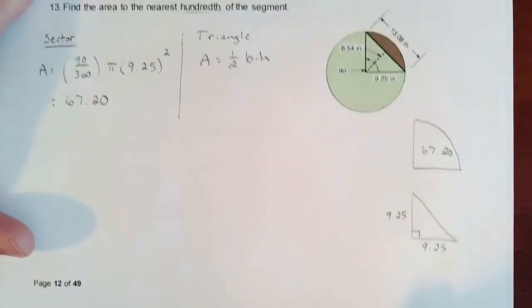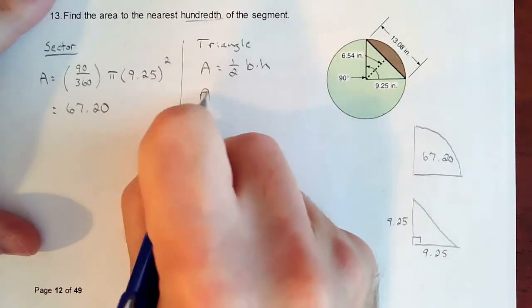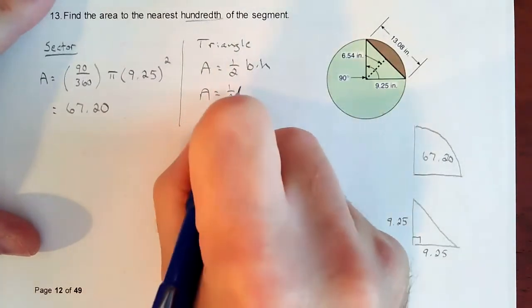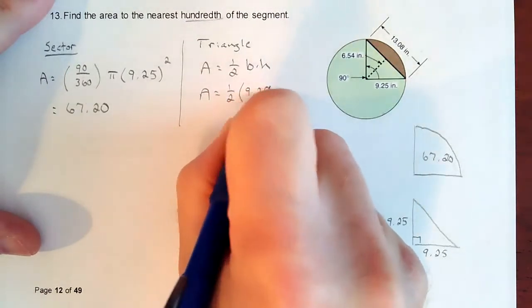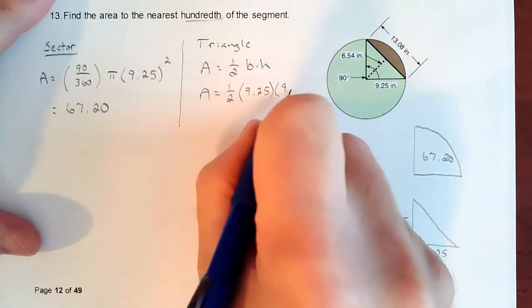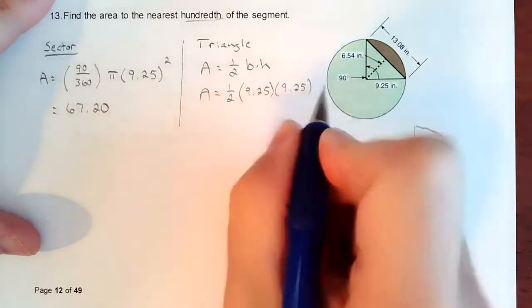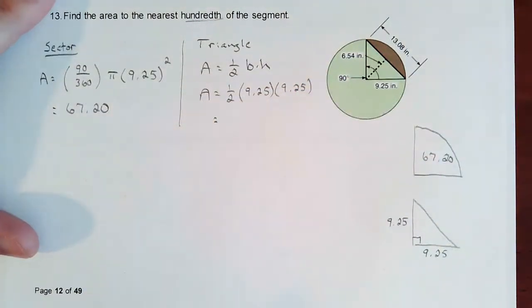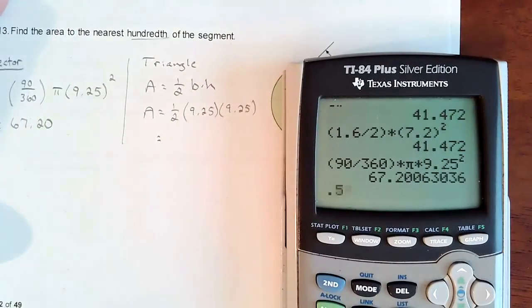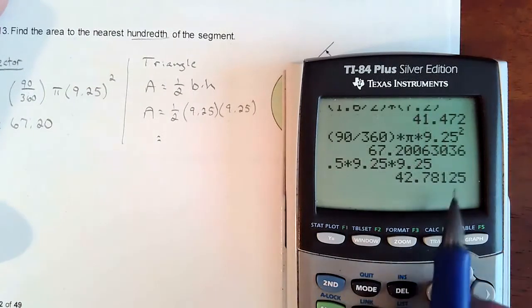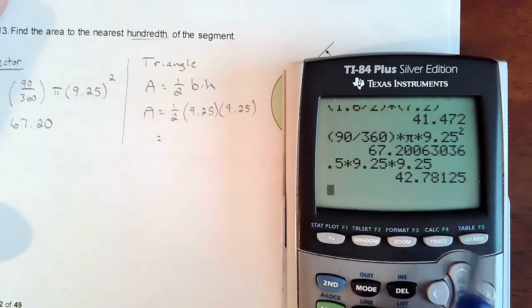All right, so we can do 1/2, base of 9.25, and then the height is 9.25. So our area is going to be 1/2 times 9.25 times 9.25. So we'll cut that off here. So 42.78.